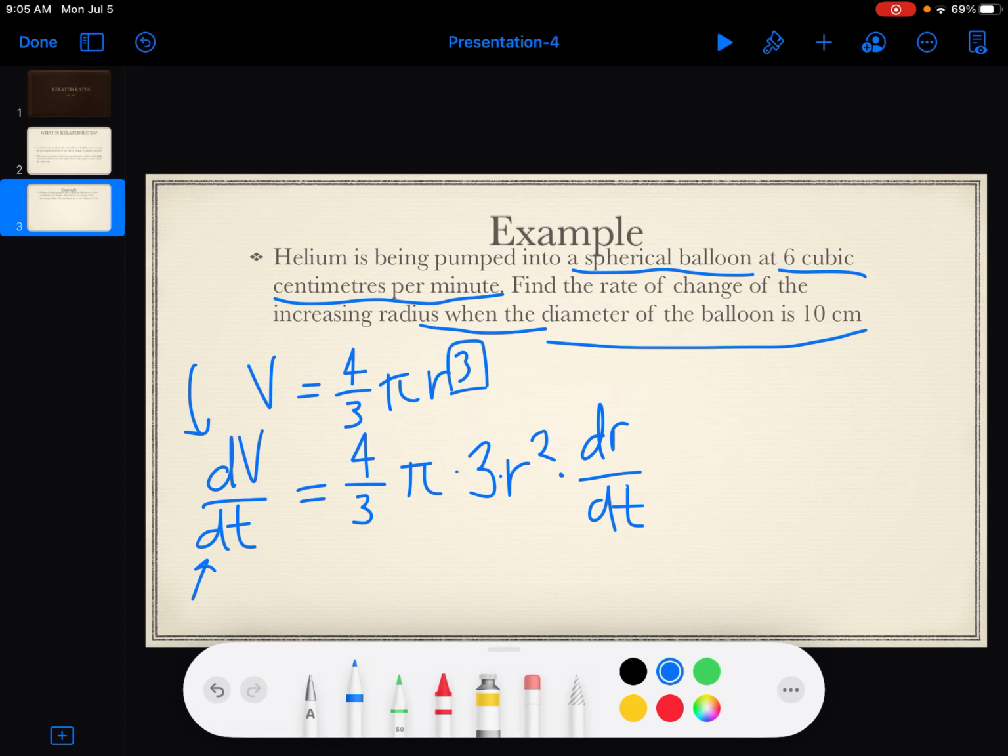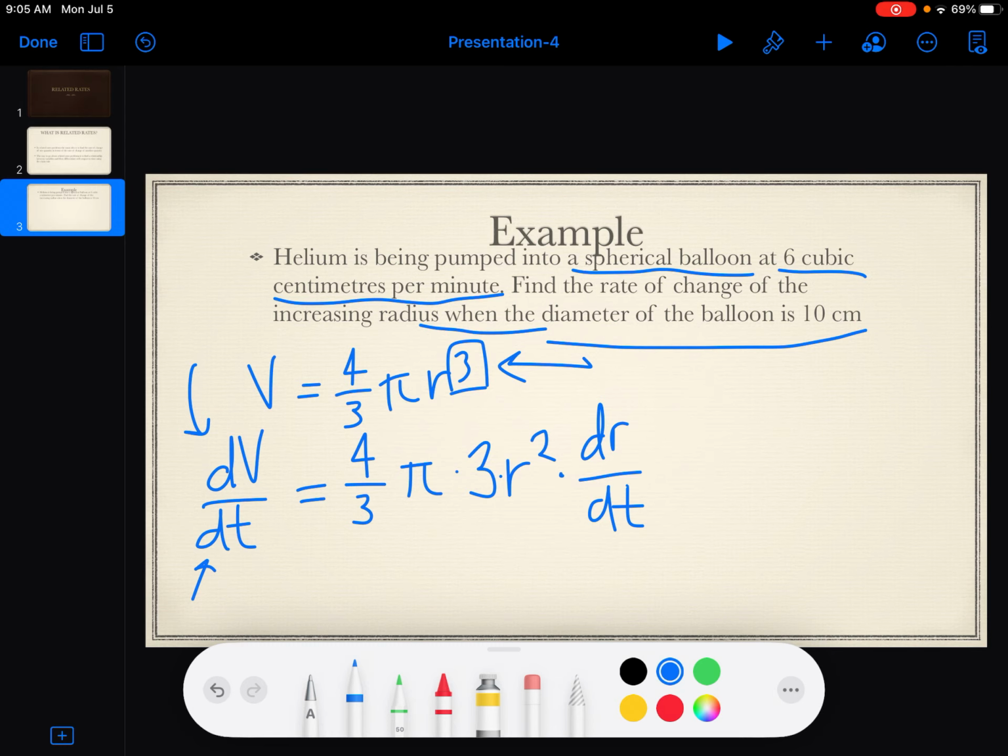We're done the hard work, actually. Usually the hardest part of related rates problems is finding this relationship. And once you get a hang of it, a lot of these questions have a pretty simple relationship. It'll either be a triangle, a cone, some sort of shape. So it's good to know your formulas for different types of shapes.